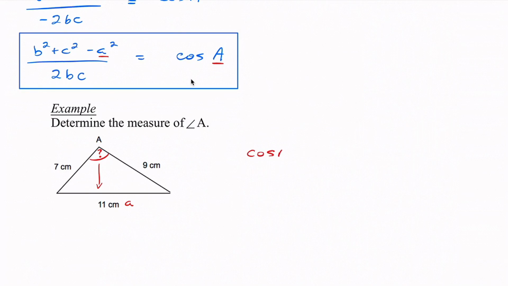Cos of A is equal to B squared plus C squared minus A squared, all being divided by 2BC. So cos of A, so we're just filling it in now. I'm going to just write some letters on here. I'm going to say that this is my B and that is my C.